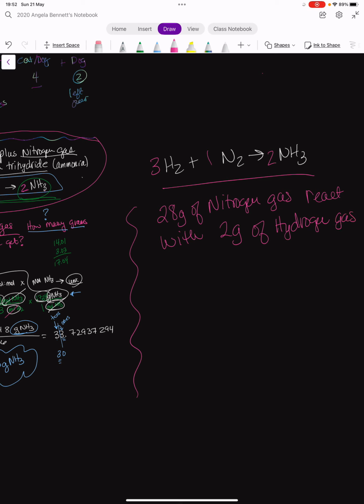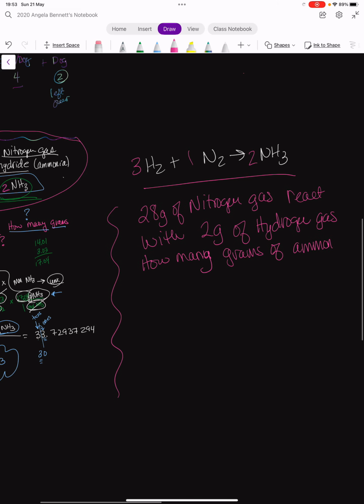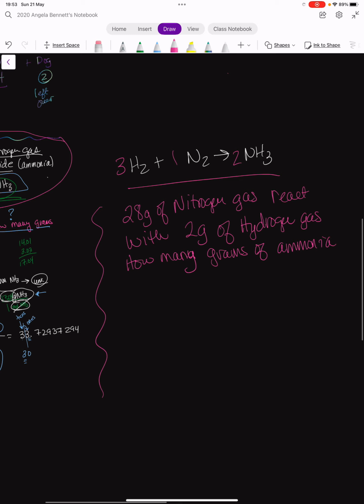All right, so 28 grams of nitrogen gas react with 2 grams of hydrogen gas. How many Y grams of ammonia will you get?